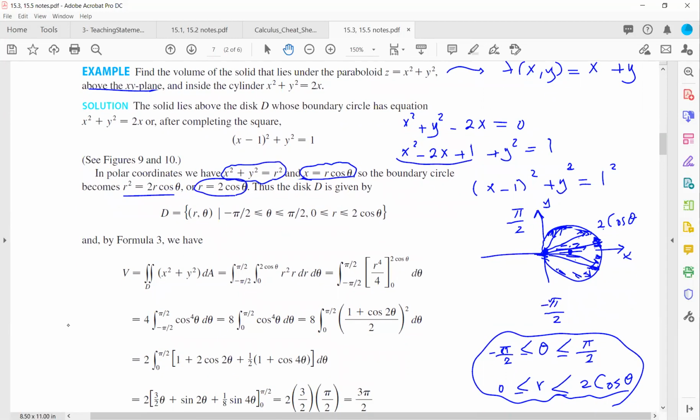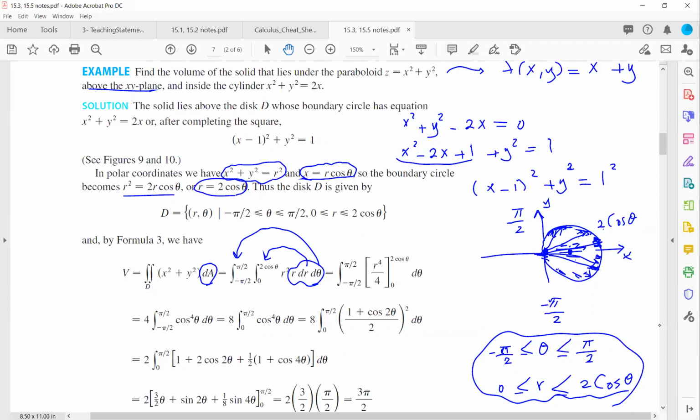Converting into polar coordinates, x squared plus y squared is nothing but r squared. My dA is equal to r dr d theta. My r ranges between 0 and 2 cosine theta, and my theta ranges between negative pi over 2 and pi over 2.